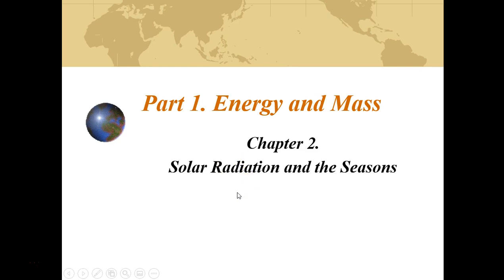Hopefully I'll be able to highlight some key themes you'll need to complete and understand this chapter, and also do the Sun Angle Lab that really examines why places around the world have different seasons, so the very use of the terms summer, winter, fall, spring. We're really going to get why, depending upon where you live, has a massive influence on the way in which you experience the seasons.